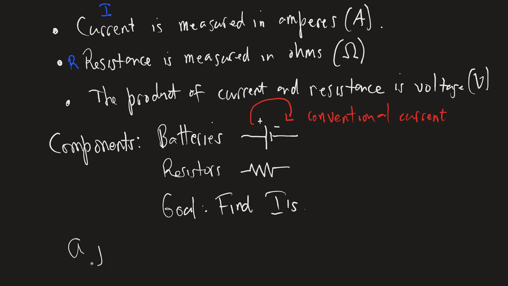A junction, or node, like we used earlier when we were talking about our general networks, is a point where at least three paths meet.